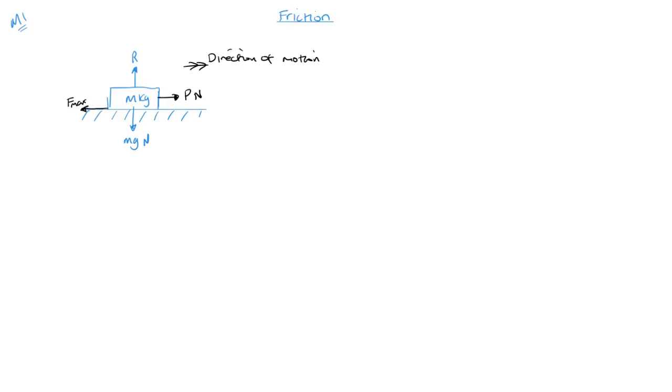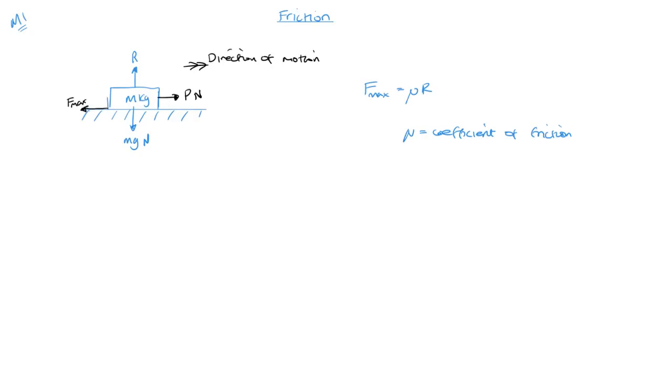Now, how do we find this maximum value? Okay, well, it's quite easy. We use the formula F max equals mu times R. So mu is what's known as the coefficient of friction. And it's just a numerical value applied to basically how rough the surface is.